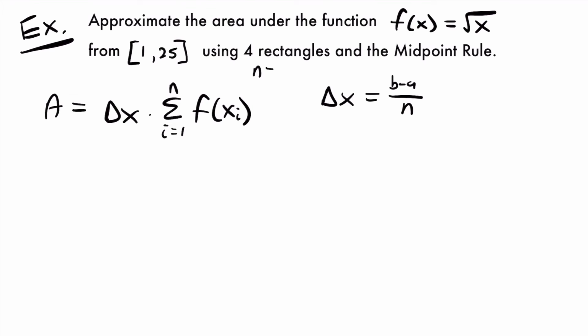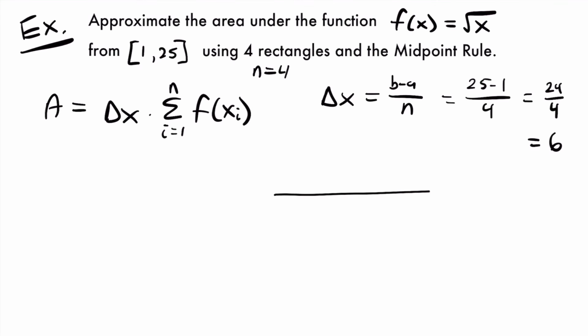So we have n equals 4, which means that delta x will be equal to 25 minus 1 divided by 4, which is equal to 24 divided by 4, which is equal to 6. And so delta x is equal to 6 in this case, which means each of our rectangles is going to have a width of 6. And so let's figure out our values of x sub i next by drawing out our number line.